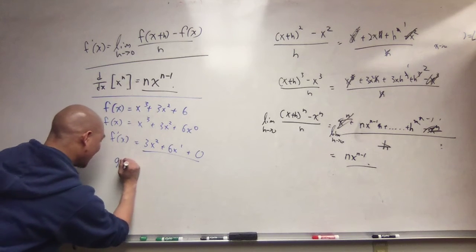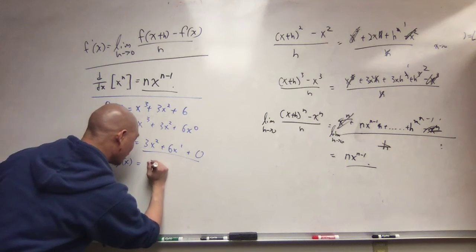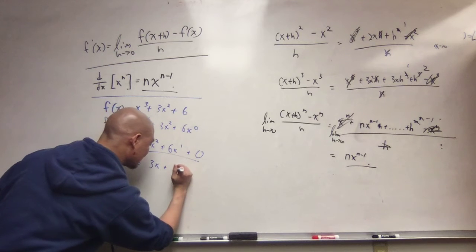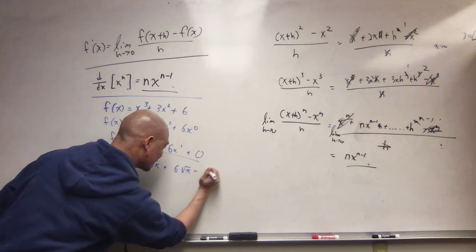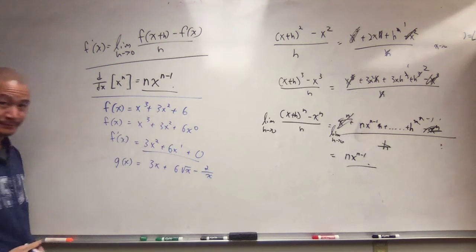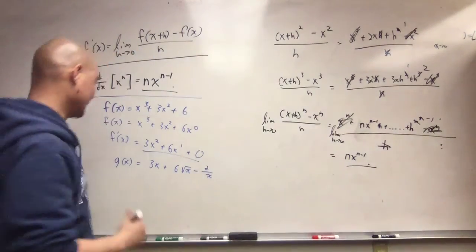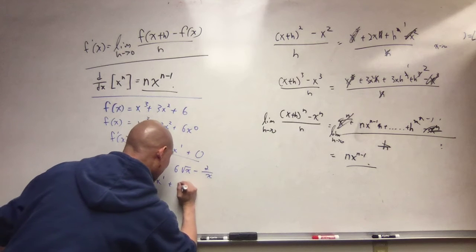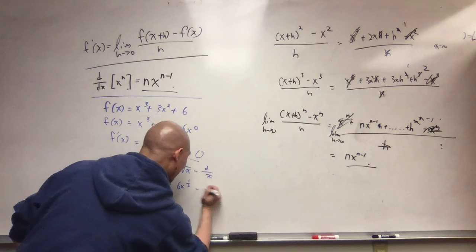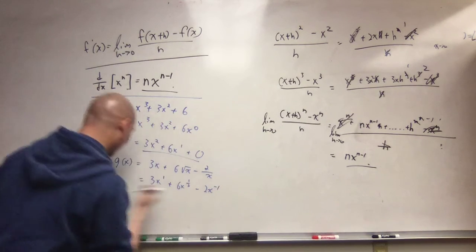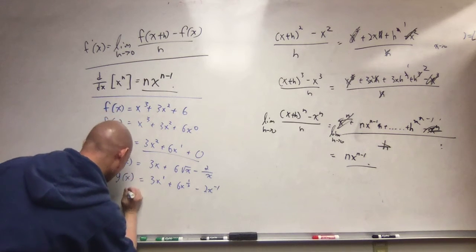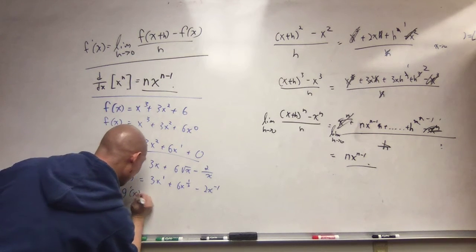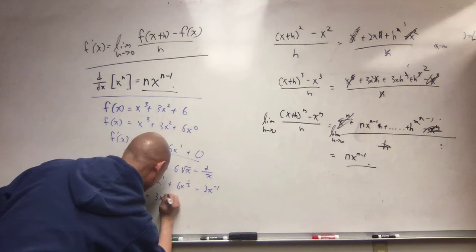If my g of x is 3x plus 6 square root of x minus 2 over x, that is the same thing as 3x to the first plus 6x to the 1/2 minus 2x to the negative first. So its derivative will be 3x to the 0.